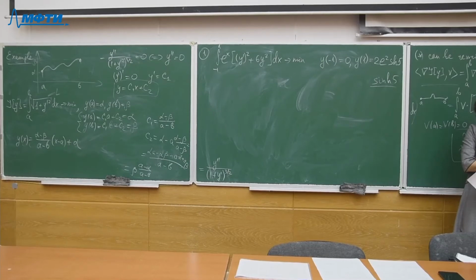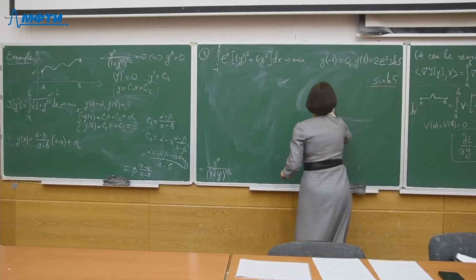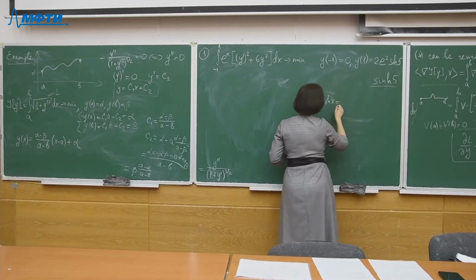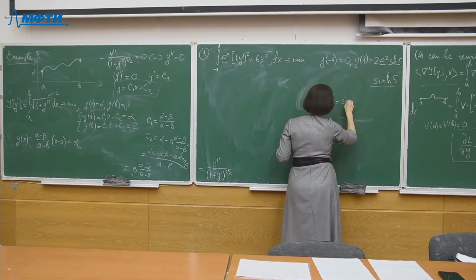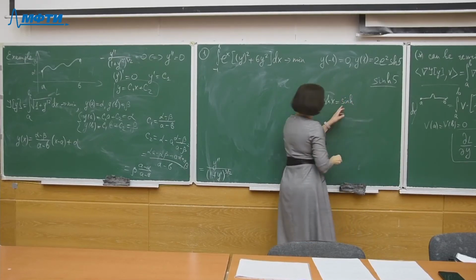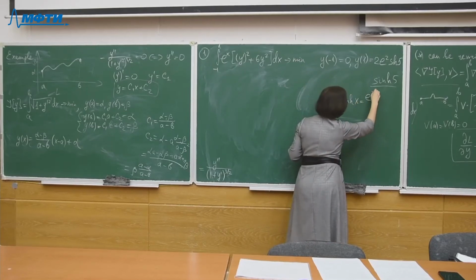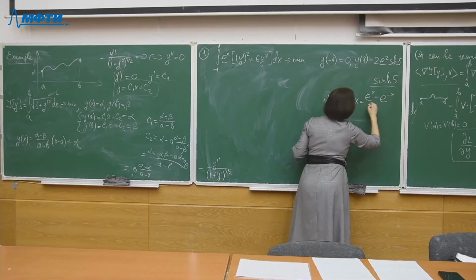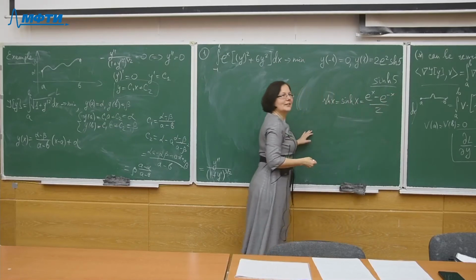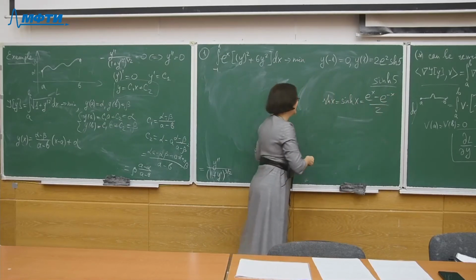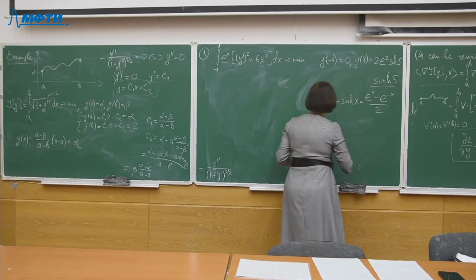So sinh x, using another notation for the hyperbolic function, is equal to e to x minus e to negative x, over 2. On a graph, yes.